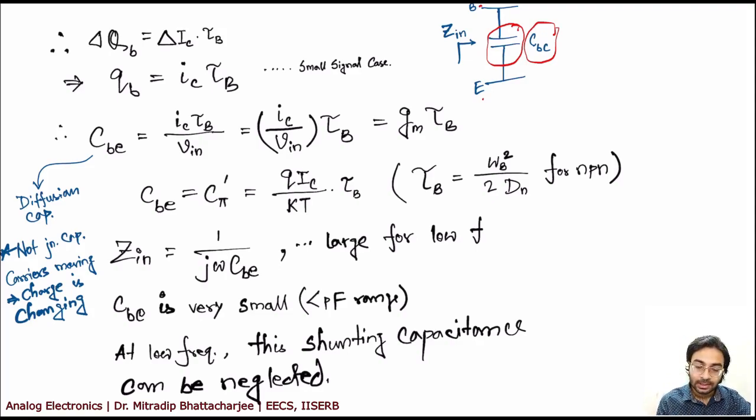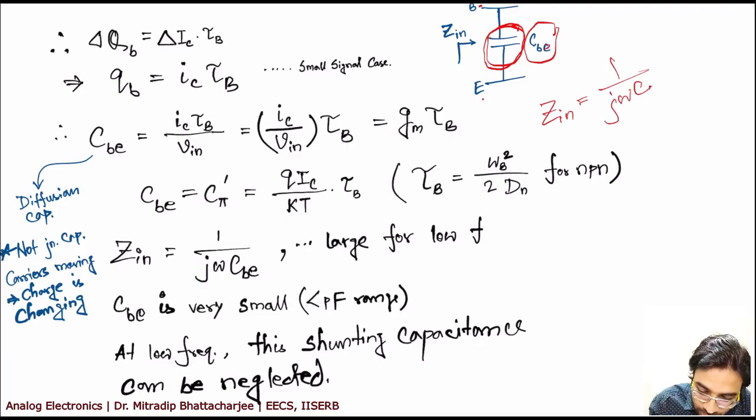Now what is the consequence of this capacitance? What if the CBE is very high? For very high CBE, your Zin will be, only for this case, 1 by j omega C. That is what your impedance is, right? So this is BE, okay? This is not BC, this is BE.